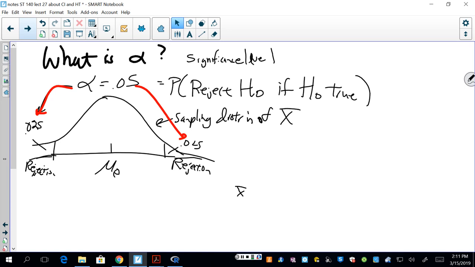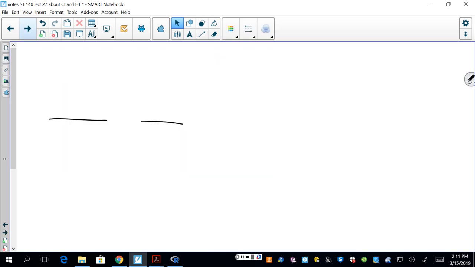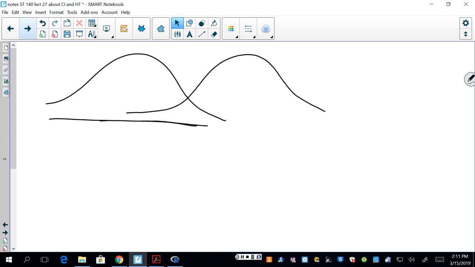What if the alternative is true? Right, the alternative is true. Our reality is not the null hypothesis anymore. So here's mu sub 0. What if it really is some alternative out here? What if that's really the truth? Then we do want to reject.